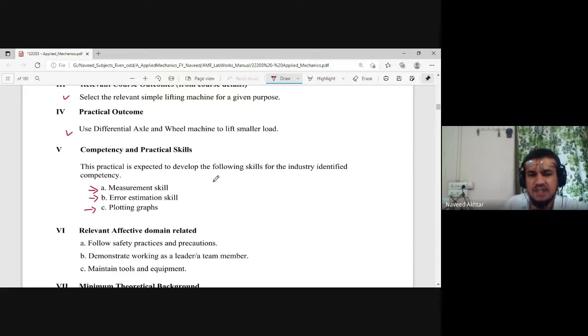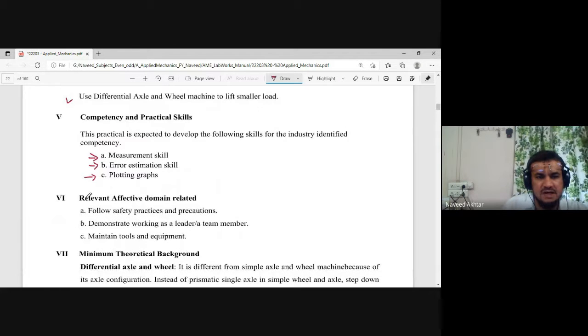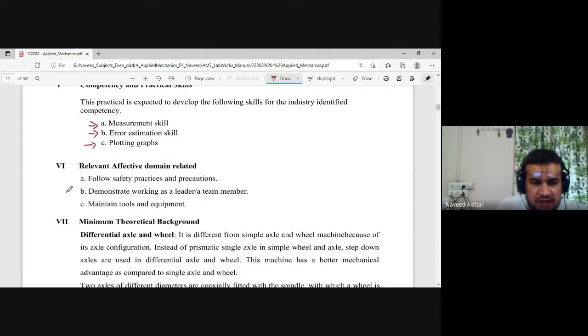So this practical is expected to develop the following skills in you, for industrial identification of the competency. In the affective domain, you should follow the safety practices and precautions, demonstrate working as a leader and team member, and maintain tools.